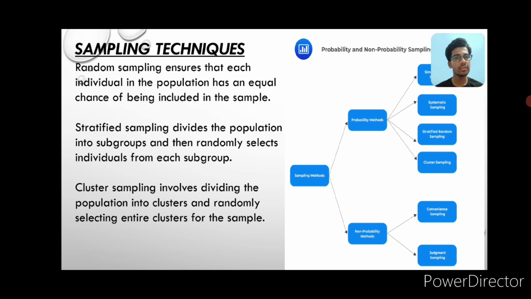Cluster sampling involves dividing the population into clusters and randomly selecting entire clusters for the sample, then comparing the samples and getting the output.